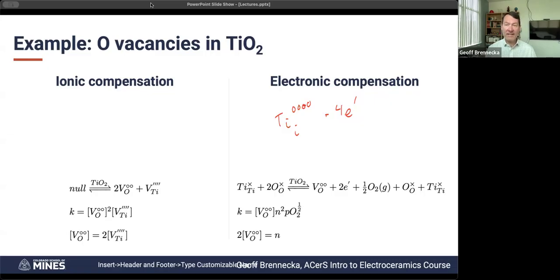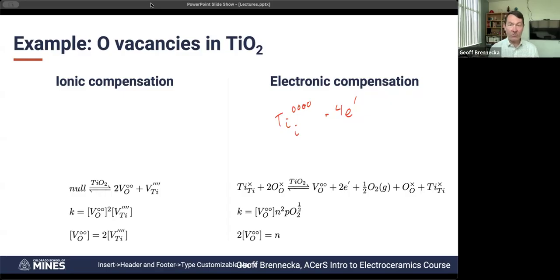If you can measure the density of your sample, if you have oxygen vacancies, the volume won't change much, but you'll lose the mass of the oxygen. If you have a titanium interstitial, on the other hand, the overall density of the sample will increase because the mass is about the same, and you've shrunk the volume.